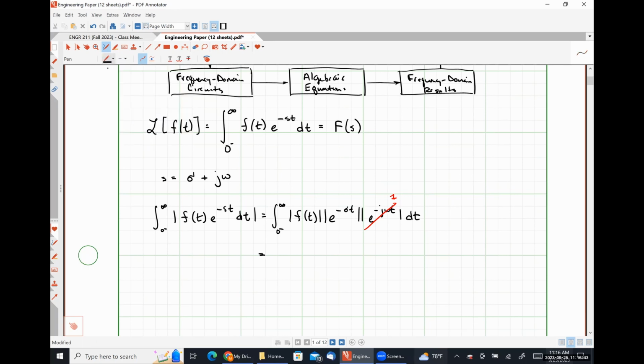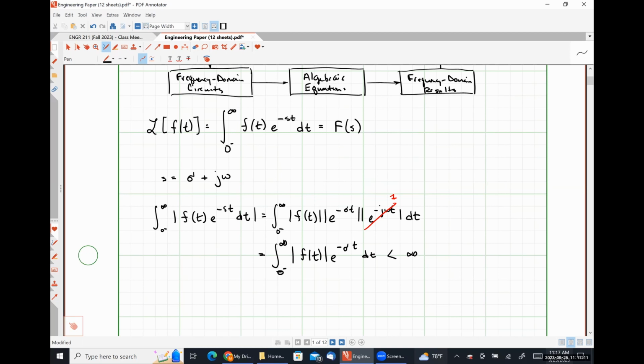So this boils down to the integral from 0 minus to infinity of the magnitude of f of t times e to the negative sigma t, and that sigma looks too much like a 6 for my taste, dt must be less than infinity.